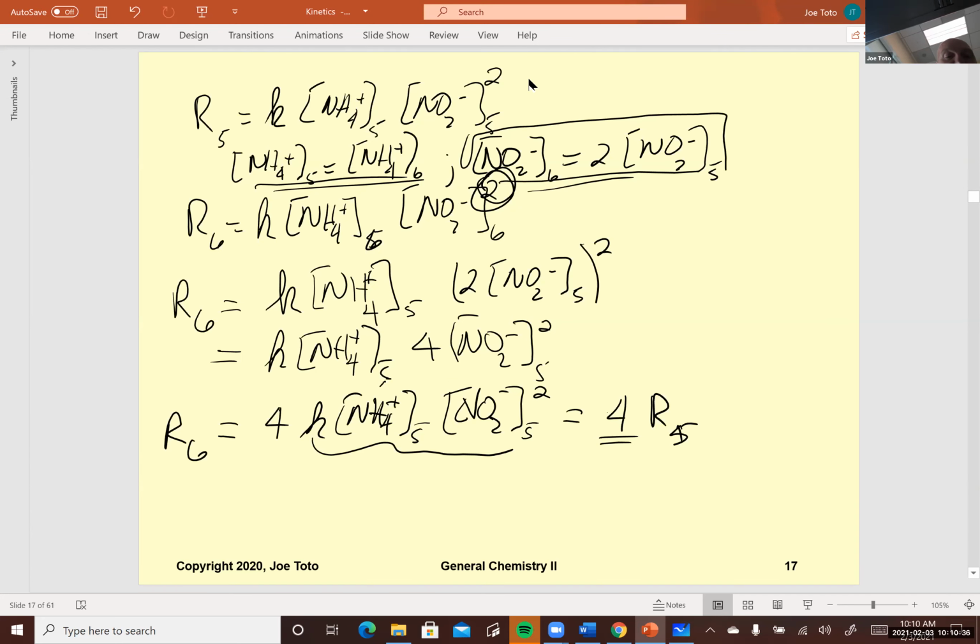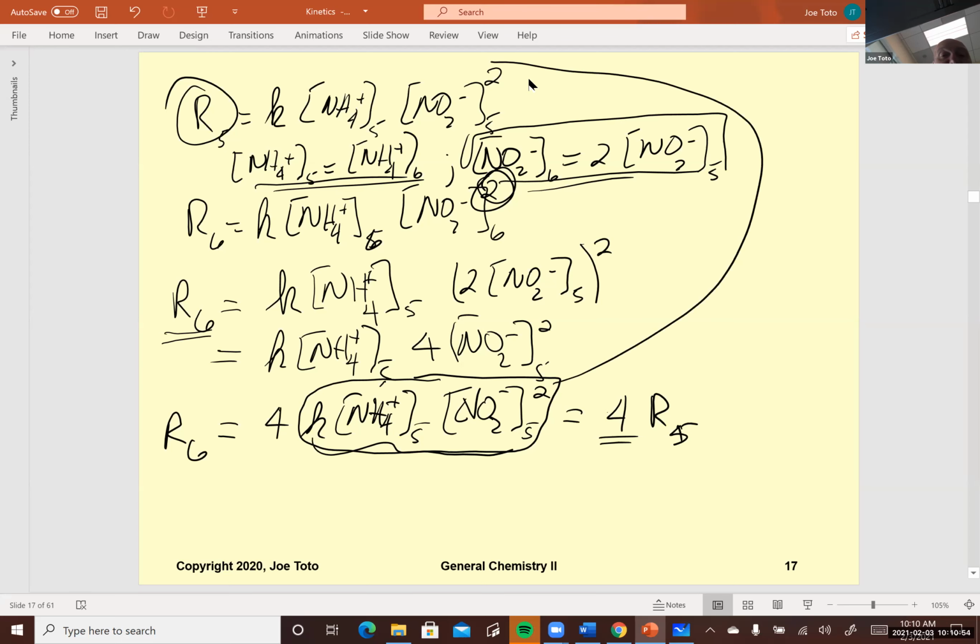I was trying to find out how I would predict the rate in experiment 6 would change compared to experiment 5. So I was trying to group the terms so they would look the same as the rate for experiment 5. So then I can identify that with rate 5.